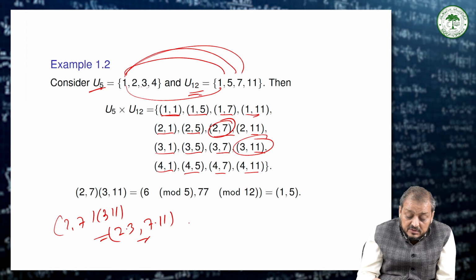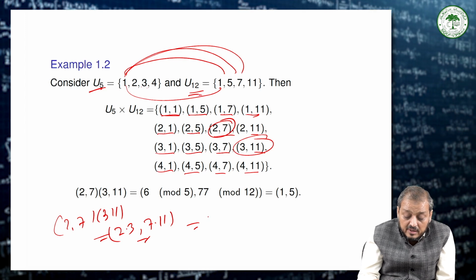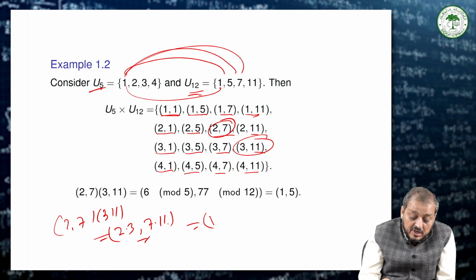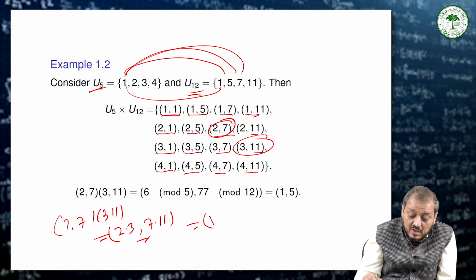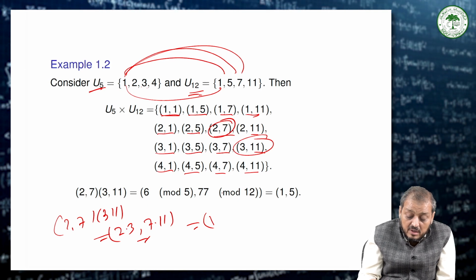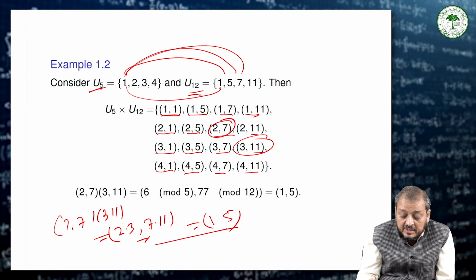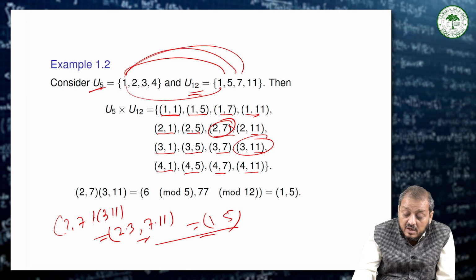So 2 into 3 is 6, which modulo 5 is 1. And 7 into 11 is 77, which modulo 12 gives 72, and the remainder is 5.